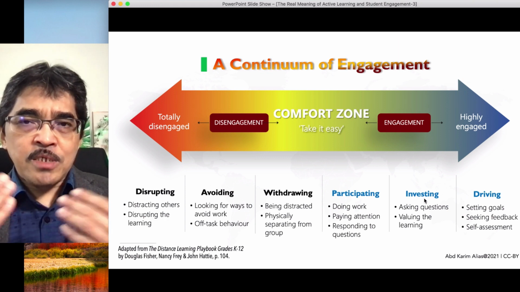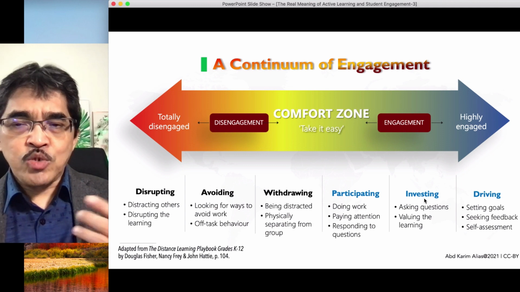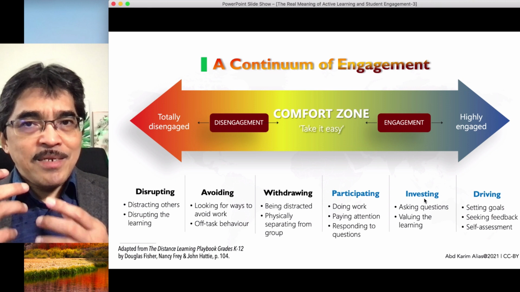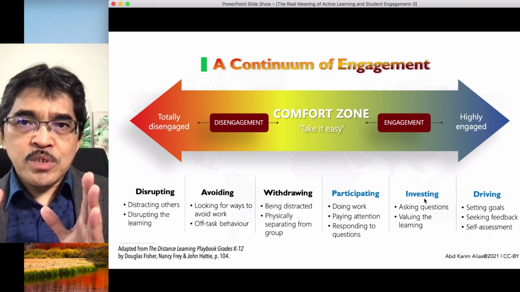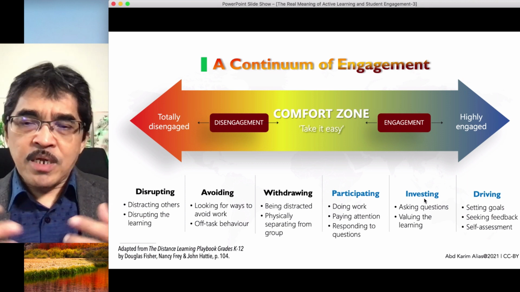And they start to engage in so-called intellectual discourse with their peers as well as with the teachers. If we can get this, it is really very good, and we can say that the students are now very engaged in our class.